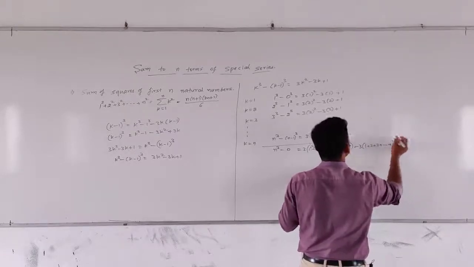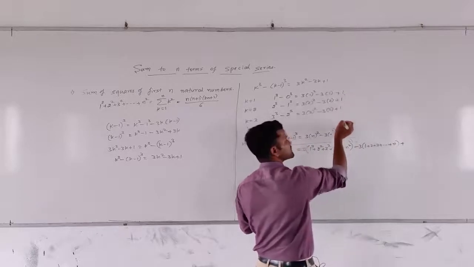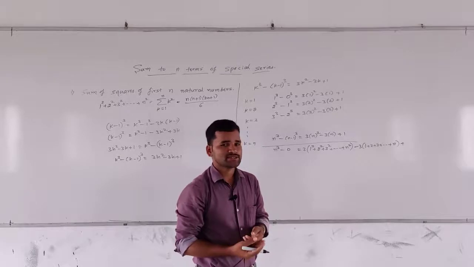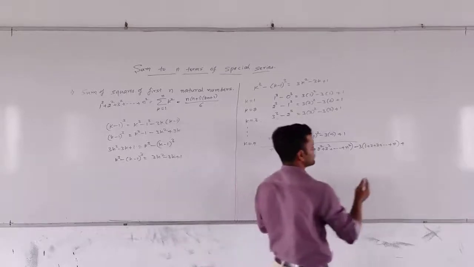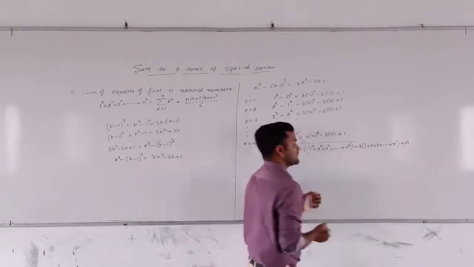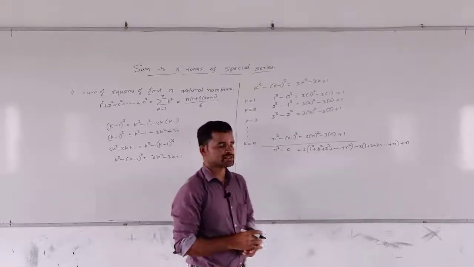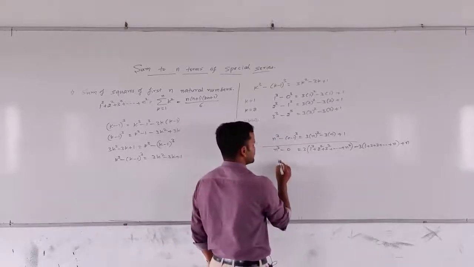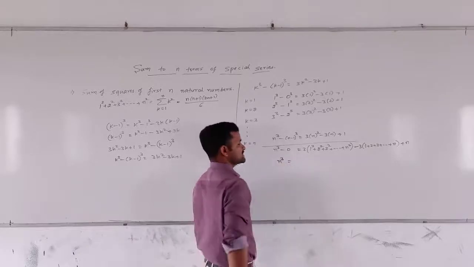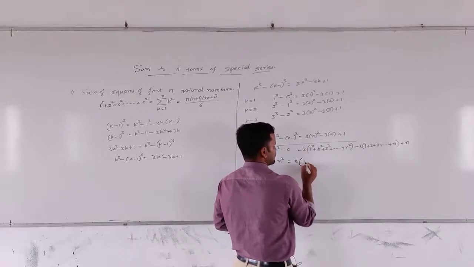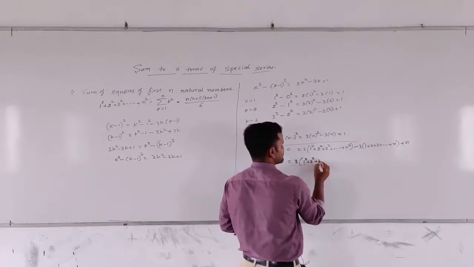And next, the last one, 1 plus 1 plus 1 up to 1. How many times is 1 getting added? N times 1 is getting added. So here we will write n. Now simplifying this gives us the sum of squares of first n natural numbers formula. This one, n cube, you keep as it is, which is equal to 3 into 1 square plus 2 square plus 3 square.